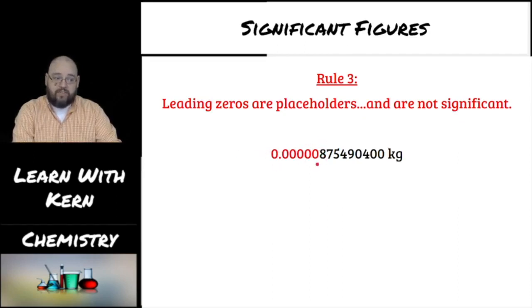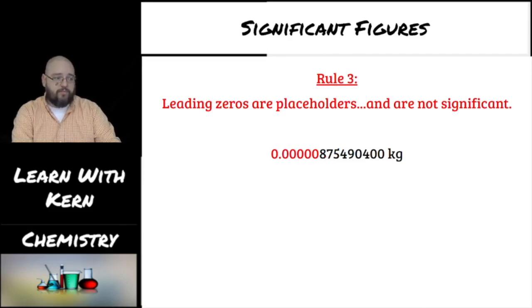Without these zeros, this would be a very huge number, 875 million, or 800 million in the 8's place. So these zeros are very important because they tell us that it's 8 millionths of a kilogram. Those zeros are important for telling you the value of that 8, but they are not significant for showing us the accuracy or precision of our measurement.